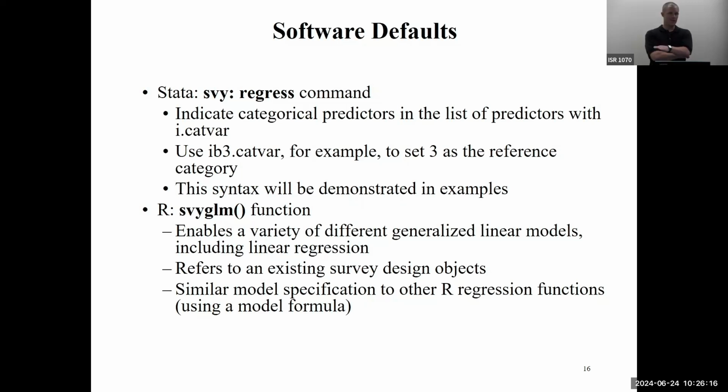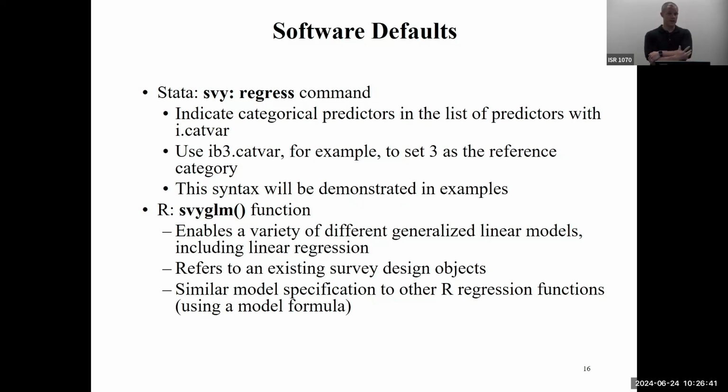That will set that reference category on the fly just for the purpose of fitting that model. The key thing to do in Stata: don't just type the categorical variable by itself as a predictor, because Stata is just going to interpret it like any other numeric predictor and look at that relationship as if it was a continuous predictor with meaningful changes in values. Definitely want to avoid that.